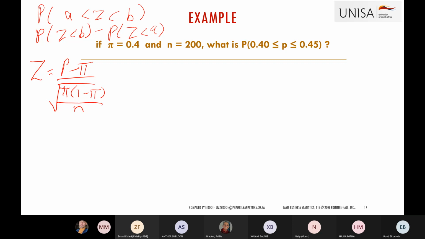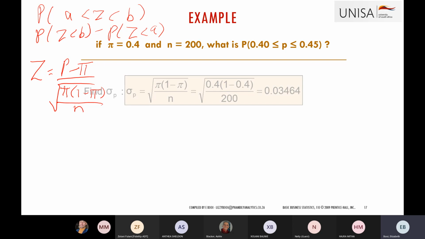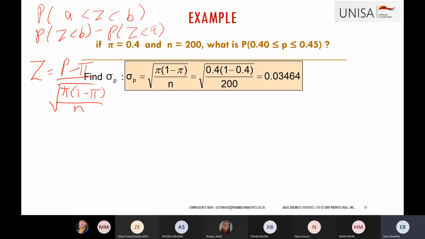Okay, easy. Since this is a little bit complex, I am going to first calculate my standard error.